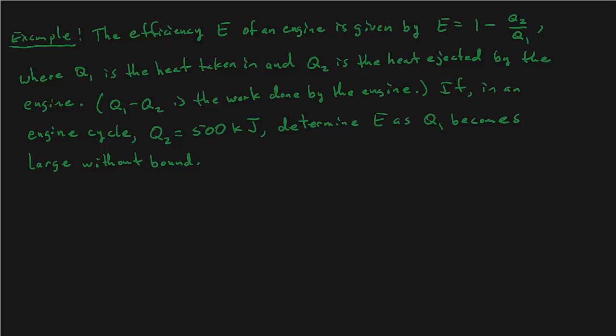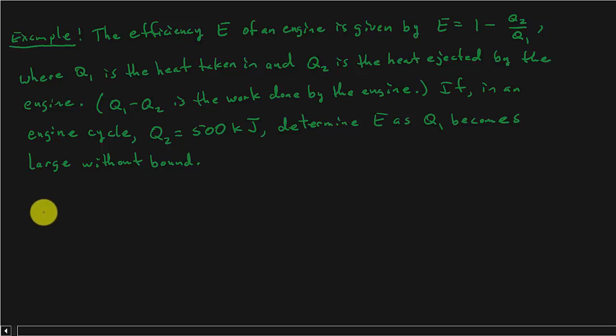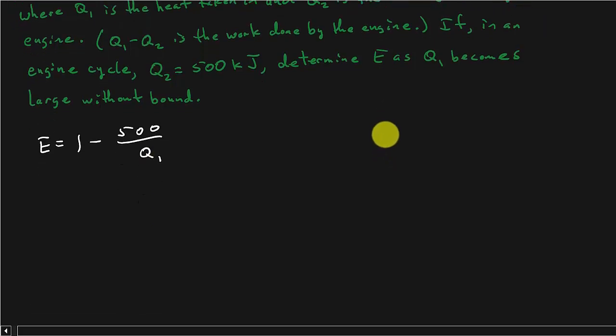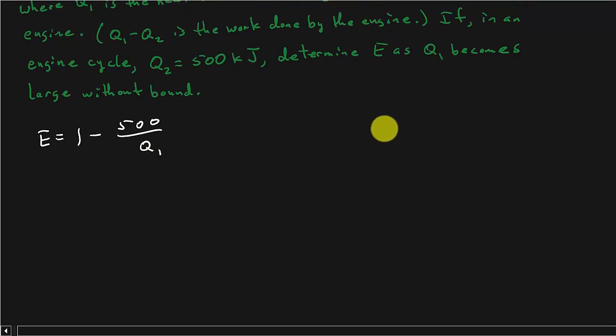If, in an engine cycle, Q2 equals 500 kilojoules, determine E as Q1 becomes large without bound. All right, so what we have here is E is equal to 1 minus 500 over Q1. They tell us that Q2 is 500. So what would this limit be?